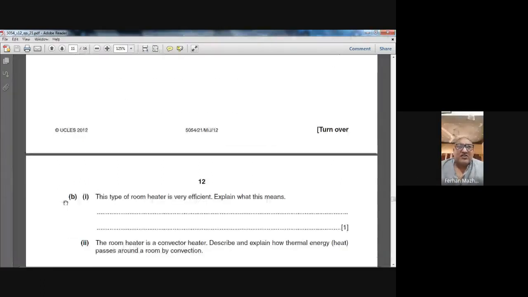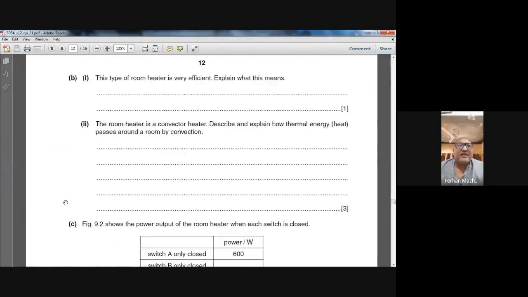Okay. So part B first part, it says this type of room heater is very efficient. Explain what this means. When I say that a machine or a heater is very efficient, it means that most of its input energy is converted into useful output energy.